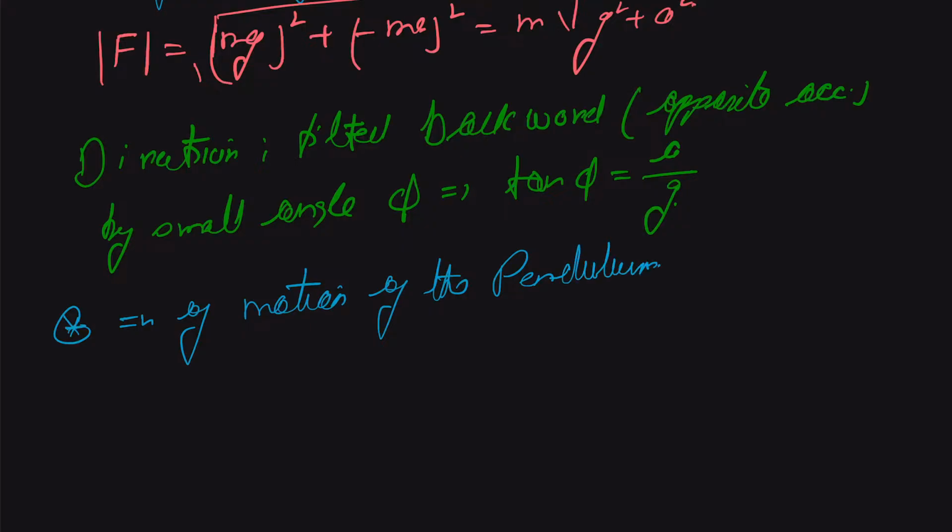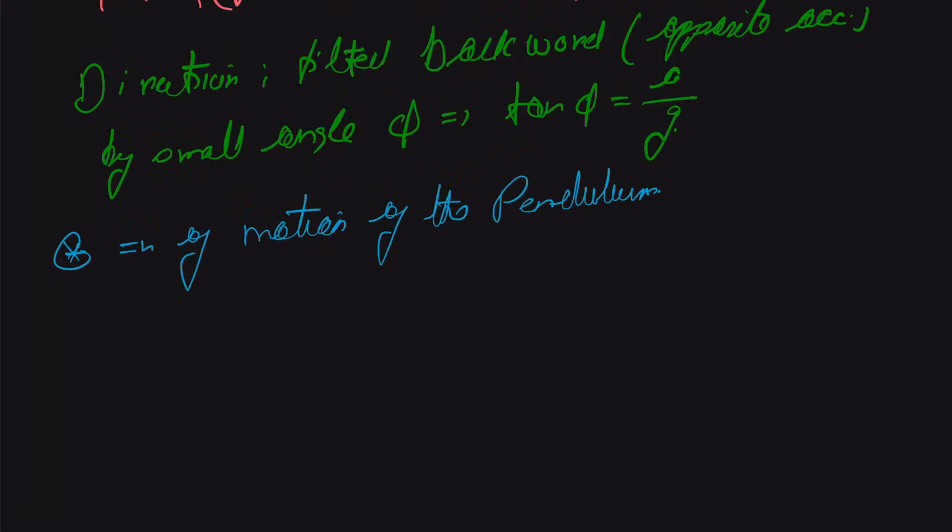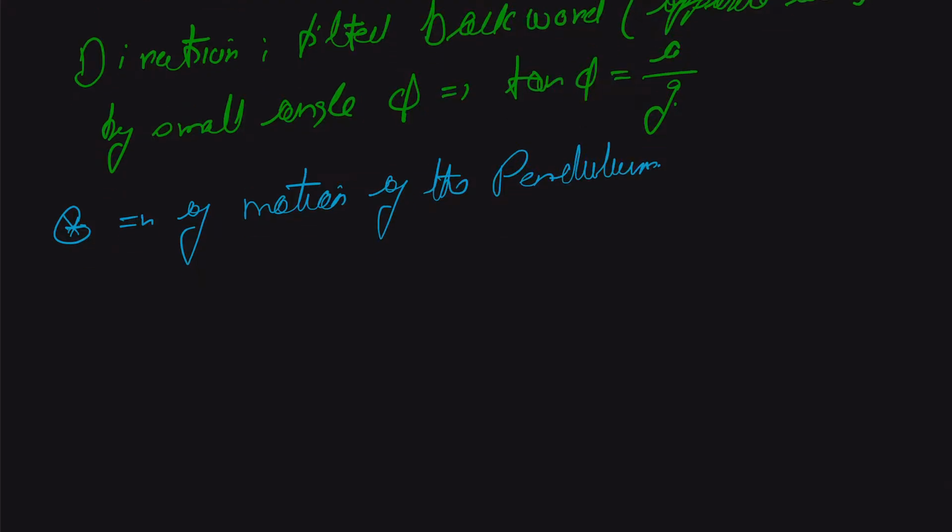We are given that the length of the pendulum is capital L, measured from the pivot to the bob, and there will be a torque acting on it, a restoring torque. So let us draw the basic figure.